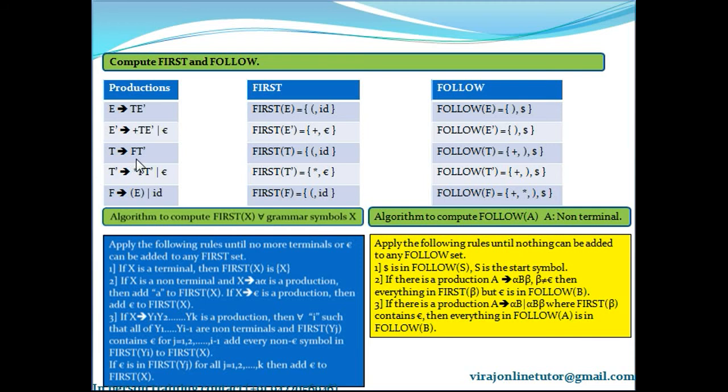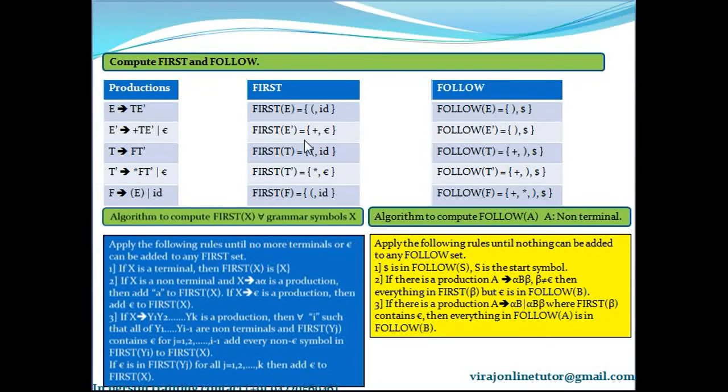First of T is first of F. So what is first of F? Open bracket and id, so place them here. Since first of F does not contain epsilon in it, I stop. Go to the next, E dash. What is first of E dash? This is of the form Y1, Y2, Y3. So first of plus is plus, which does not contain epsilon, so I stop.